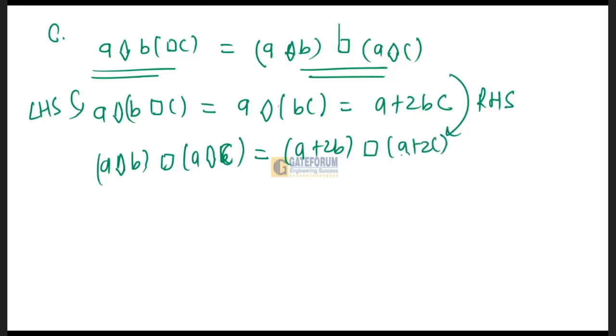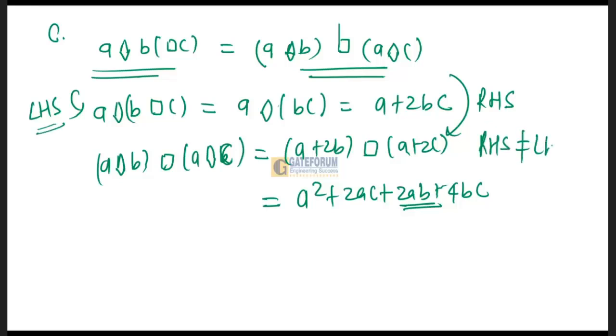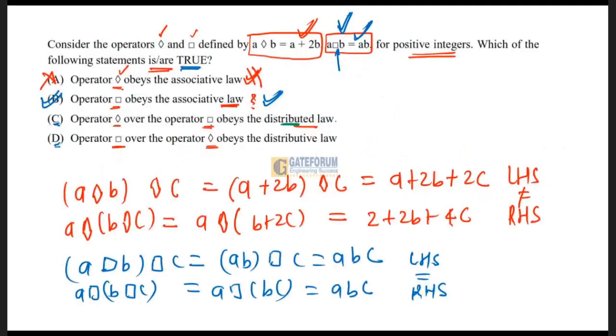We only need to be careful about the rule they are giving. So it is A squared plus 2AC plus 2AB plus 4BC. Obviously the RHS is something different, LHS is something different. RHS does not equal LHS, thus option C is also rejected.